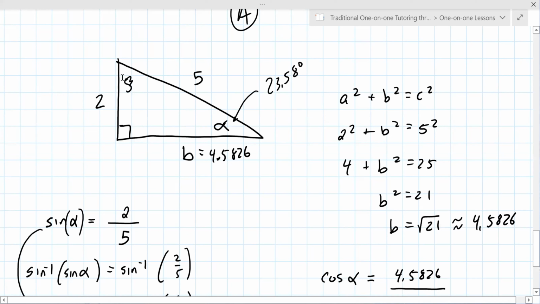The two non-right angles have to add up to 90. So beta is 90 minus your answer, 23.578. And you should get, what do you get there? 66.422, or 66.42 degrees, something like that.